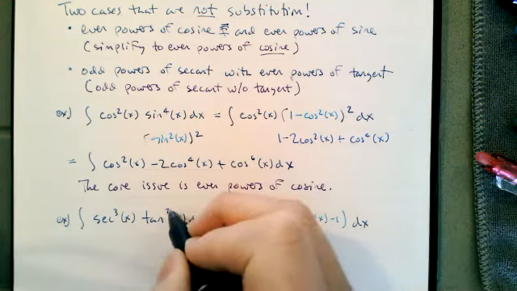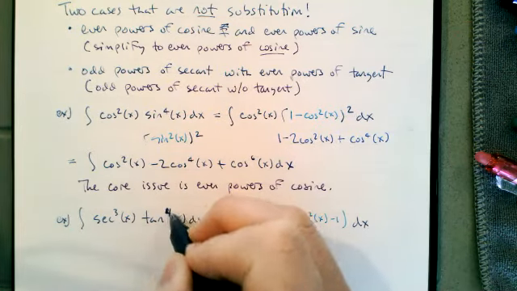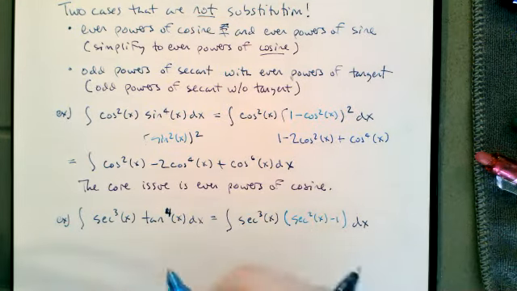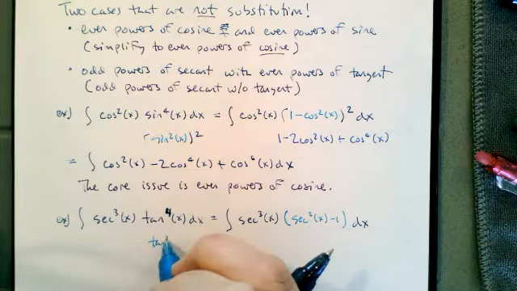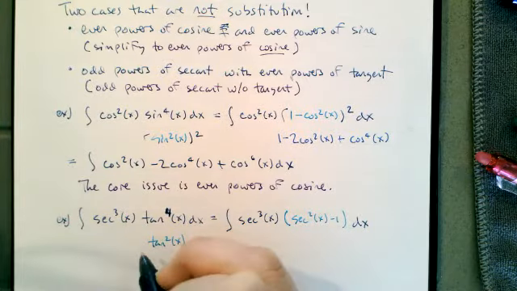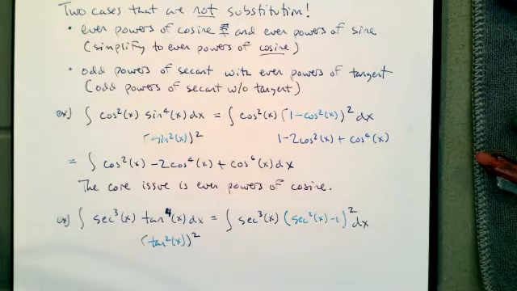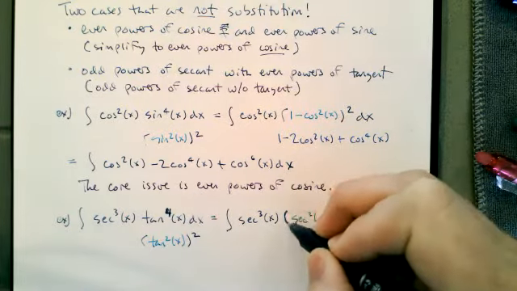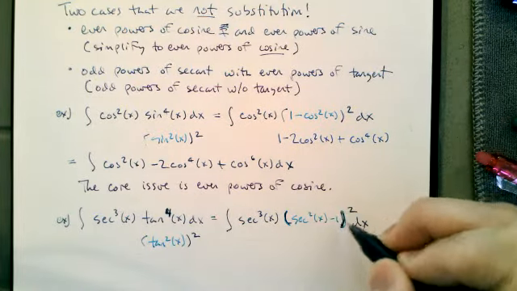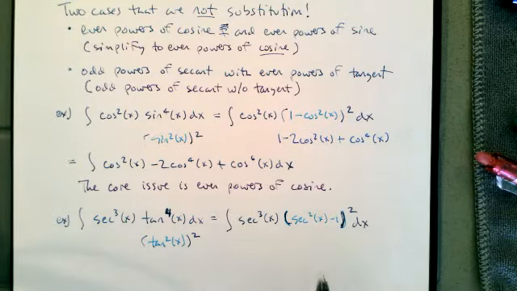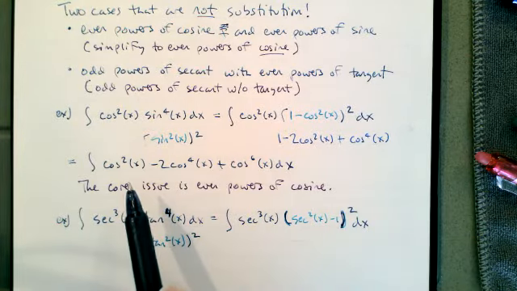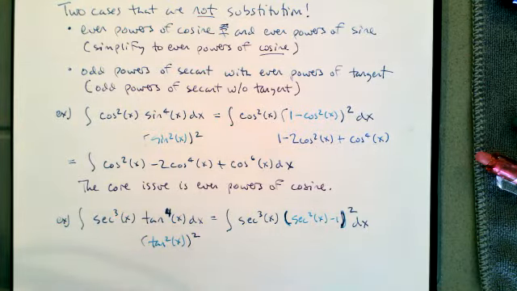And if I had started off with a higher power of tangent, so if it was tangent to the 4th, then I would just write that as tangent squared squared. And then I would just square my secant squared minus 1. Then I'll multiply this, and the core issue will become odd powers of secant without tangents, just like the core issue with the cosine was even powers of cosine without sine.